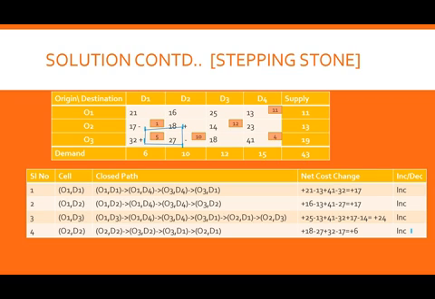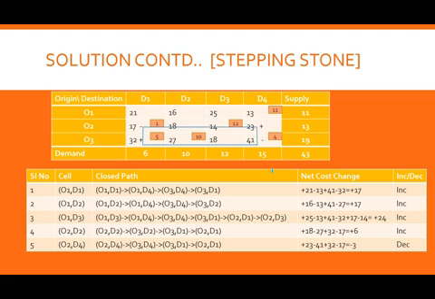Once I've got an increase in the net cost change, consider the next point of reference. It will be O2D4. For this, identify the closed loop: O2D4, then O3D4, then O3D1, then O2D1.